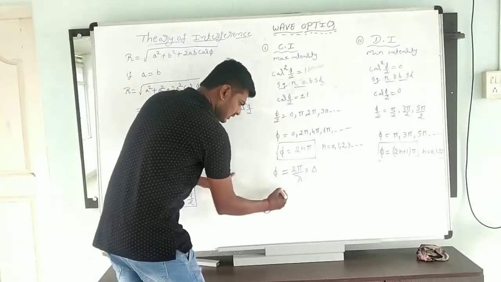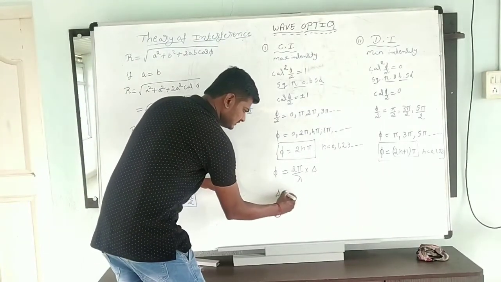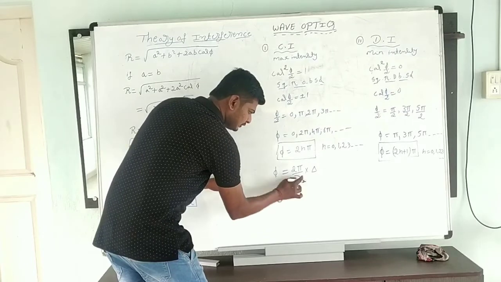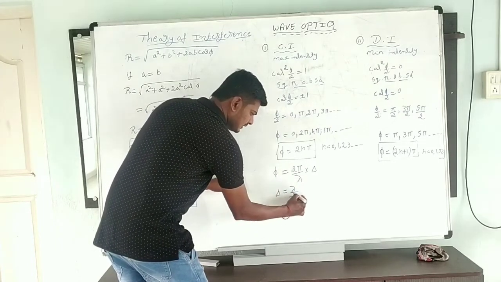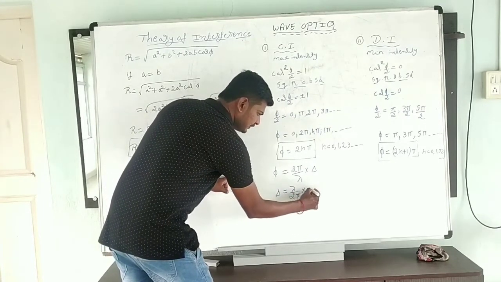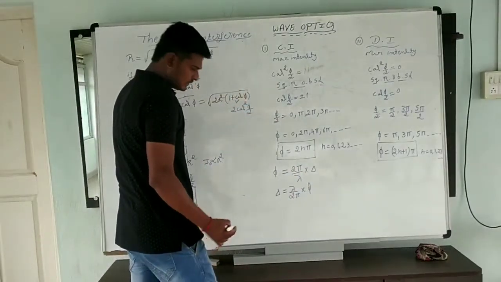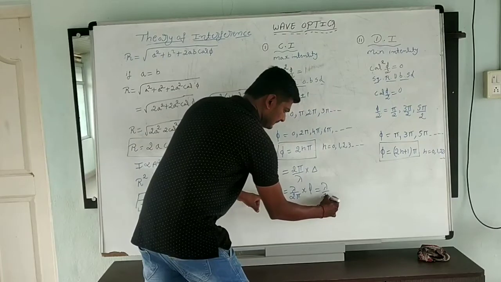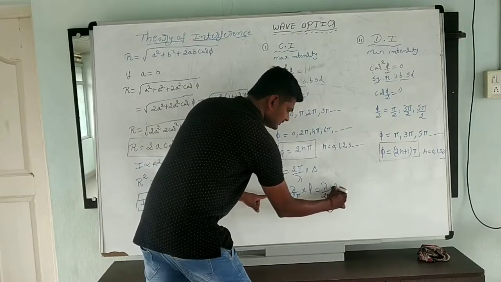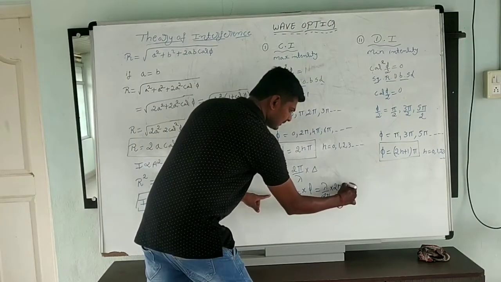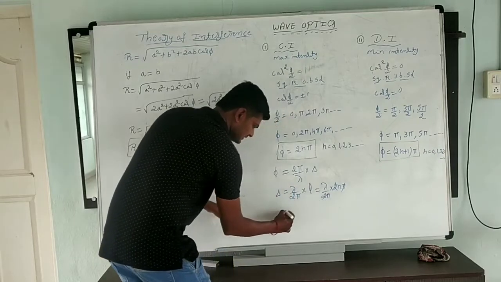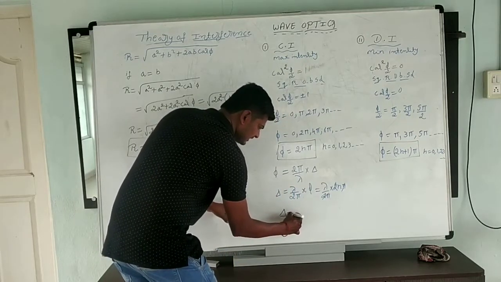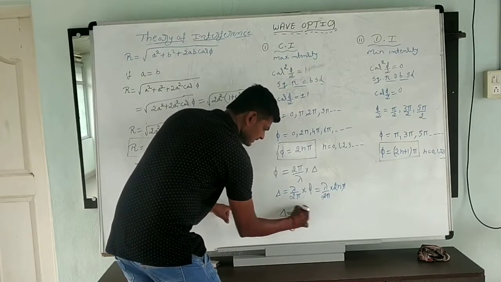Delta is equal to lambda by 2 pi into the phase difference. Substituting the values, lambda by 2 pi, phase difference is 2n pi. 2 pi cancel. The path difference delta is equal to n lambda.